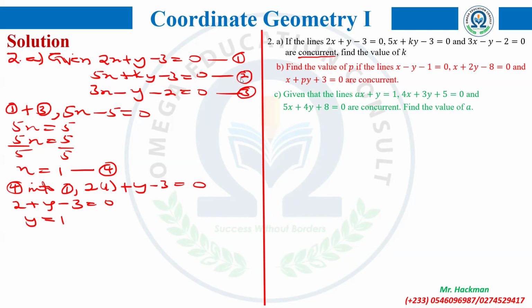I will label this equation 5 to make my presentation very clear and easy to follow. So I write equation 4 and 5 into which equation? Into equation 2.